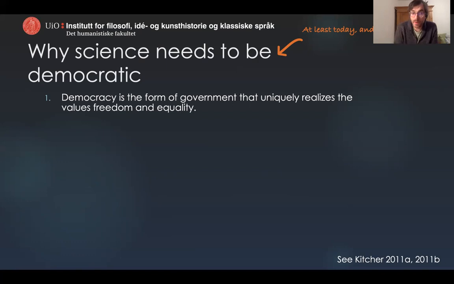The first premise, the first assumption, is that democracy is the form of government that uniquely realizes the values of freedom and equality. I've talked about that already. Democracy arguably is the kind of government that is legitimate because it is uniquely suited to realize everyone's freedom in an equal way.